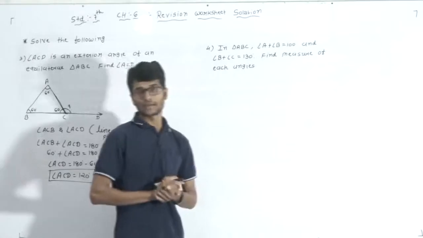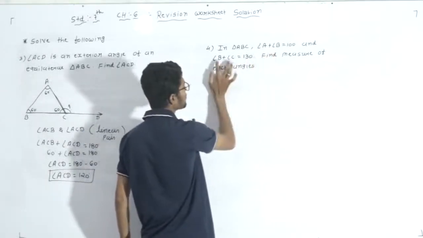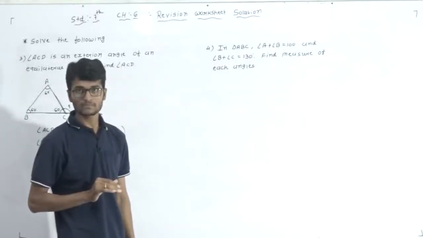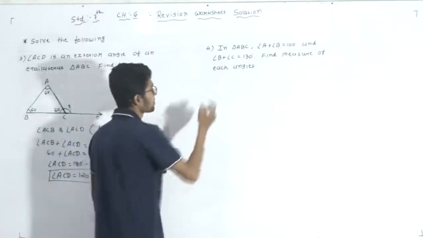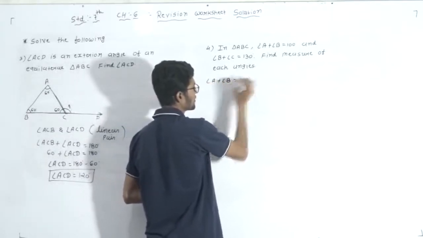Now how to find? So see dear students, here A and B, here also B and C, it means B is common, right? So angle A plus angle B is equal to 100.